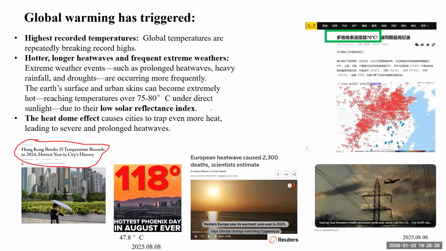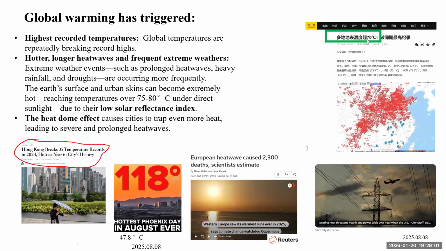Last year, Phoenix, the city in America, experienced its hottest air temperature, over 47.8 degrees Celsius. There are more news stories about the European heat wave causing deaths and causing the failure of power utilities.